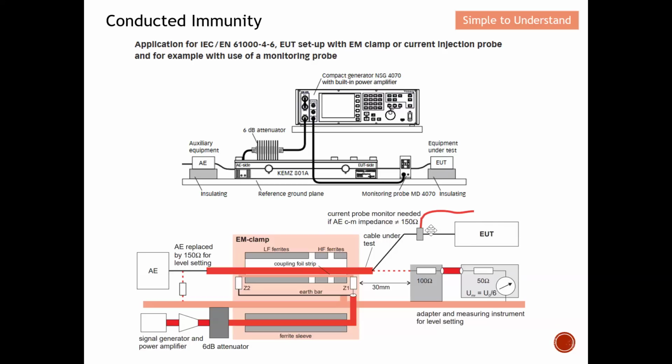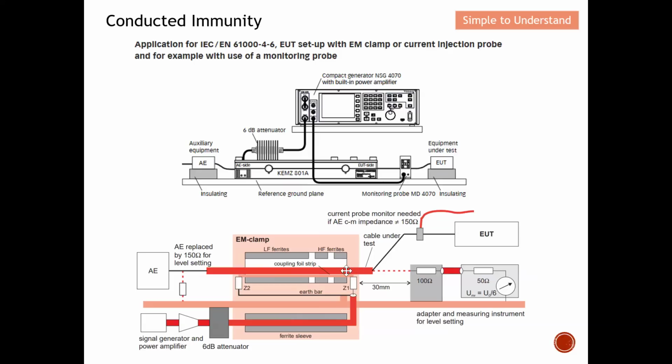So basically over here, you can see that we have something between the EM clamp and the EUT, which we call a monitoring probe. The monitoring probe will ensure that whatever we add as a noise source is actually disturbing the EUT over here. And again, for example, for this case here, let's say we are doing the power monitoring. We will supply the power source to power up your EUT, and the noise actually couples from the signal generator all the way towards the direction of the EUT.